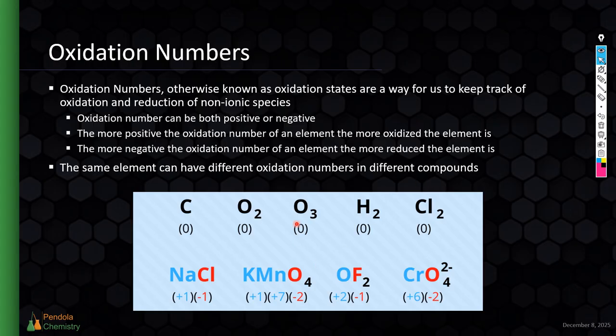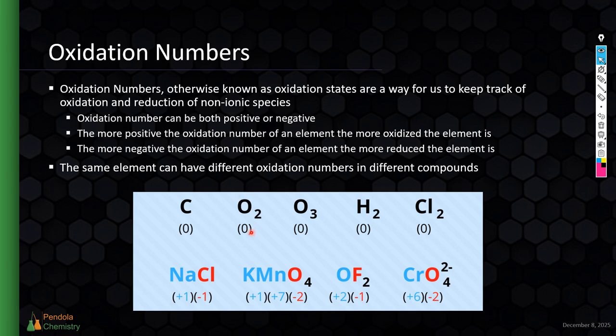For example, oxygen, when it's neutral or in ozone, has an oxidation number of 0. But oxygen in the potassium permanganate here has an oxidation number of -2, whereas oxygen in OF2 has an oxidation number of +2. So that's 3 different oxidation numbers for the same element.